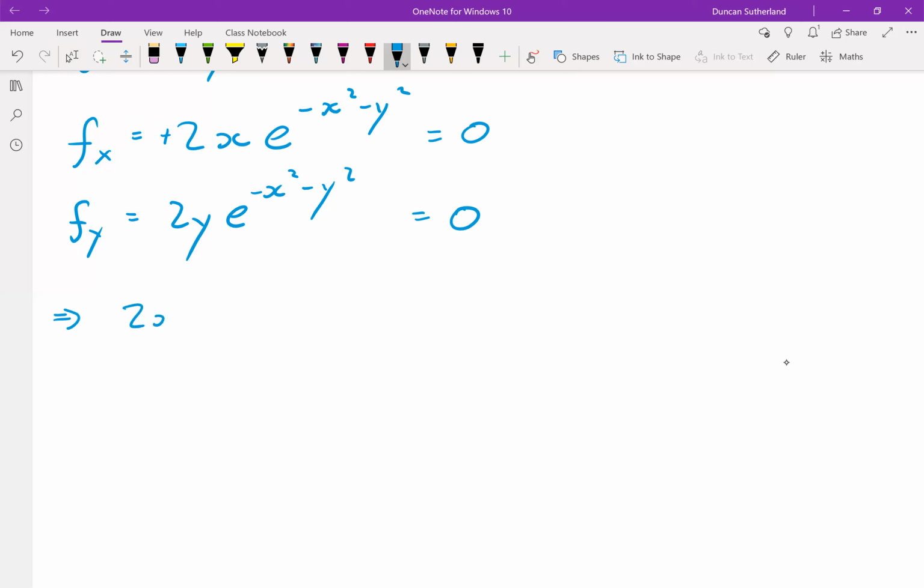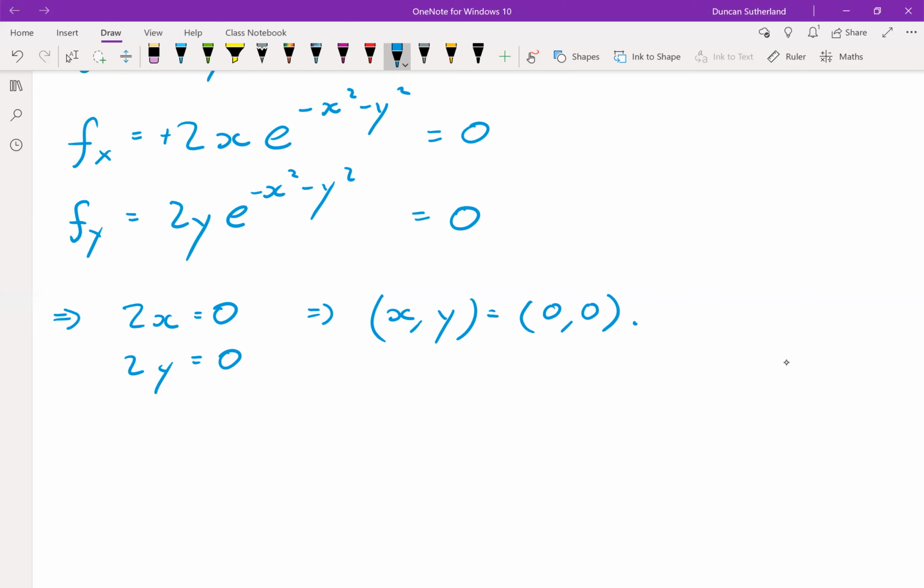So you're left with 2x equals 0 or 2y equals 0. And collectively, they imply a single critical point, which is the origin, right? So the origin's the only critical point we got in this problem, which is nice because we don't have to go on a whole bunch of long repetitive calculations.